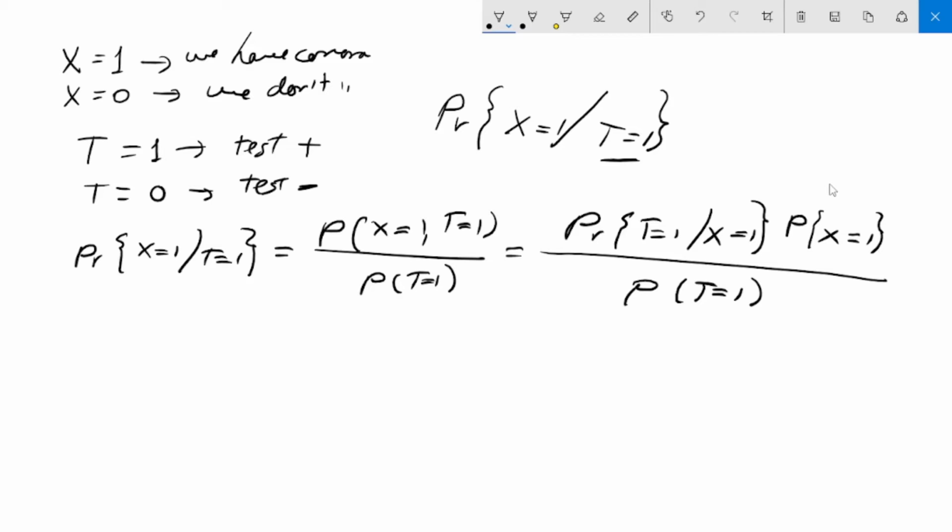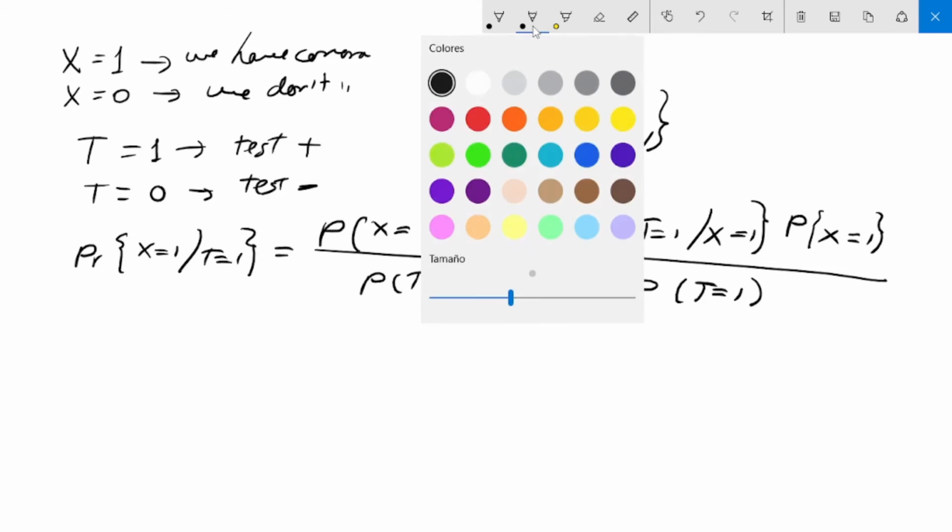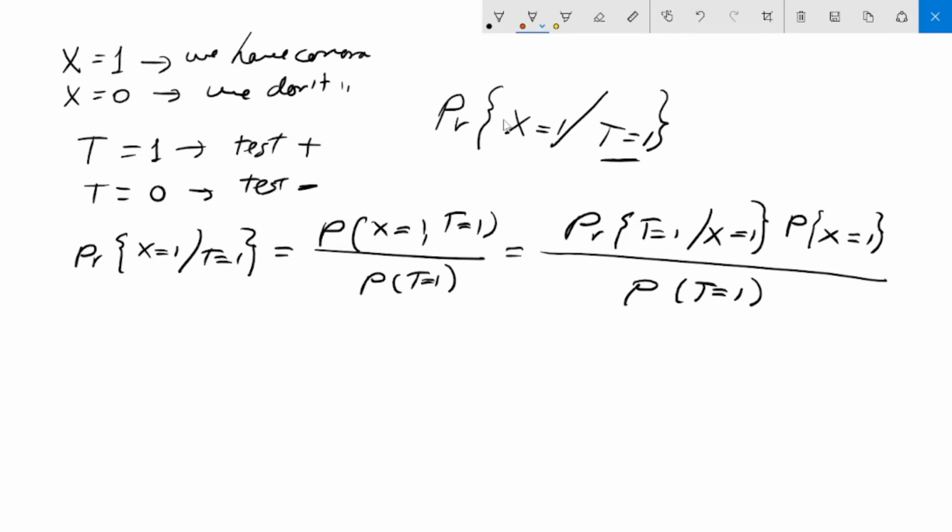Every term here has a name, and we are going to see what the name of each one is. This probability we want to compute is called the posterior probability.